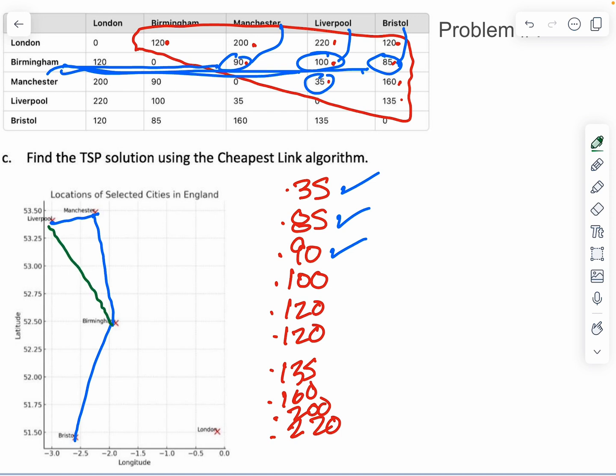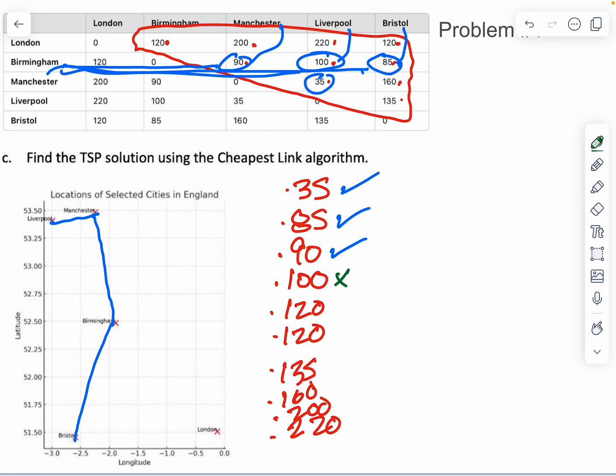And the reason I don't want to do that is because it creates a closed figure, okay? It would make this a closed figure, and I haven't added London yet. So I don't want to do that. I am going to skip that one because I want to create, it's like a circuit, a complete circuit that I can go either direction, visit all 5 of the cities, and this will be in an optimized path.